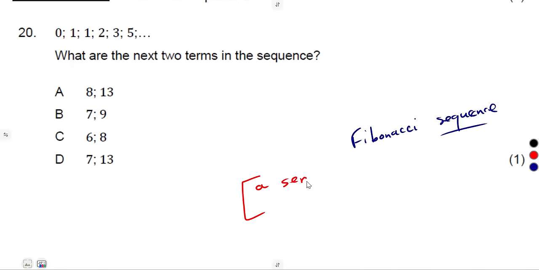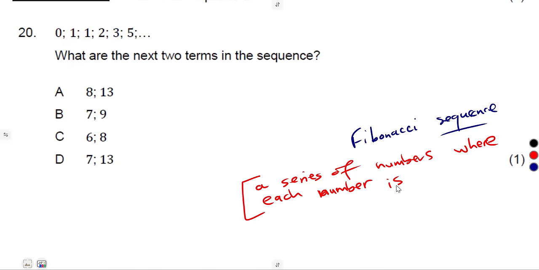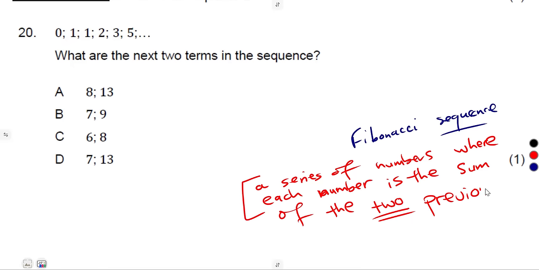A series of numbers, where each number is the sum of the 2 previous ones.